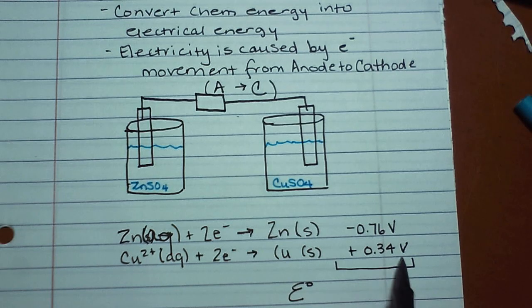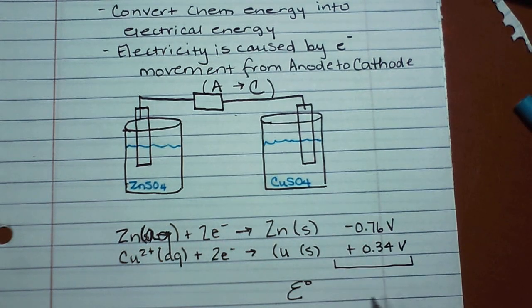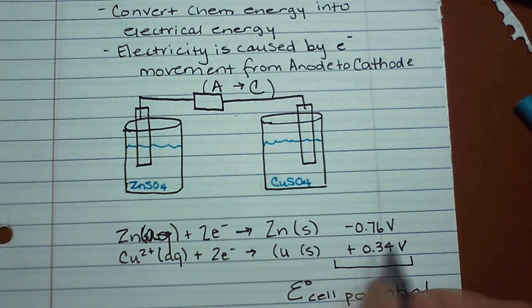So zinc is more negative, and therefore it wants to give up electrons, and copper wants to get electrons.